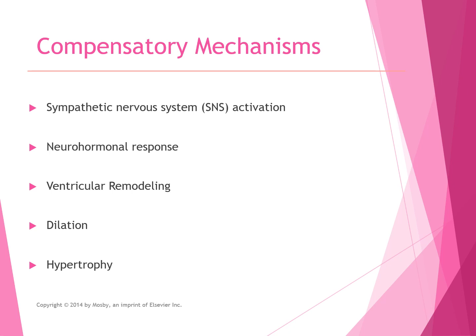So with ventricular remodeling, my heart is like, oh my goodness, the sympathetic nervous system and neurohormonal response is really making me work super hard. So I am going to have to beef up a little bit and change my shape so I am better able to pump. I want to pump more effectively.